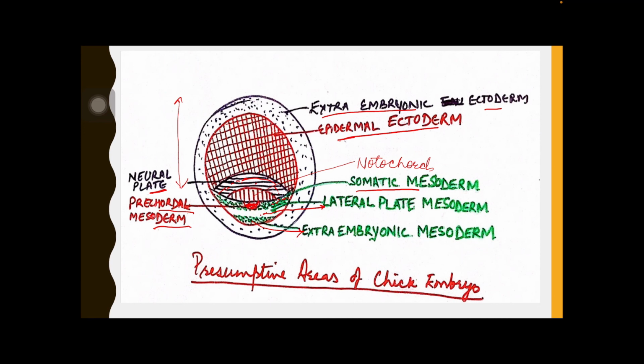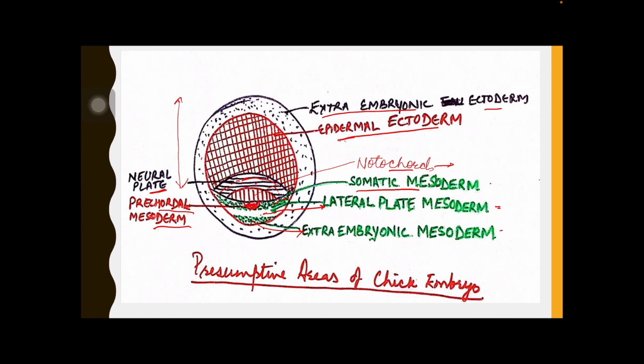Presumptive areas means these blastomeres from these areas will give rise to these different structures. जैसे जो epidermal ectoderm है, they will form ectoderm and related derivatives. Neural plate will give rise to central nervous system. Somatic mesoderm, lateral plate mesoderm, extraembryonic mesoderm will give rise to mesoderm. Notochord will develop into the vertebral column, right? So different blastomeres will develop into different organs.